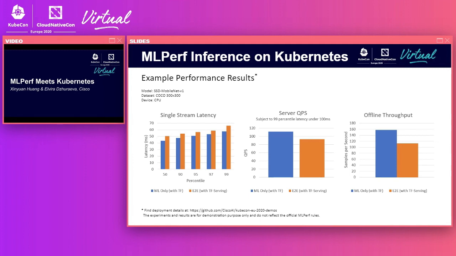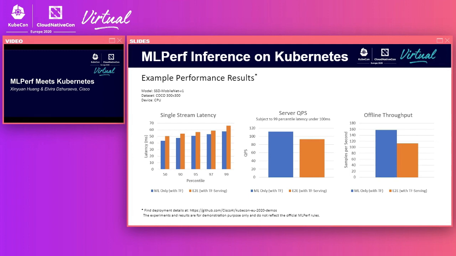In this experiment, we took the SSD MobileNet workload and ran it on a vanilla Kubernetes cluster that uses the default network setup and uses CPUs only for the inference. The experiments are done on three scenarios, which are single stream, server, and offline. And we compared the results from the two experiment settings we talked about just now.